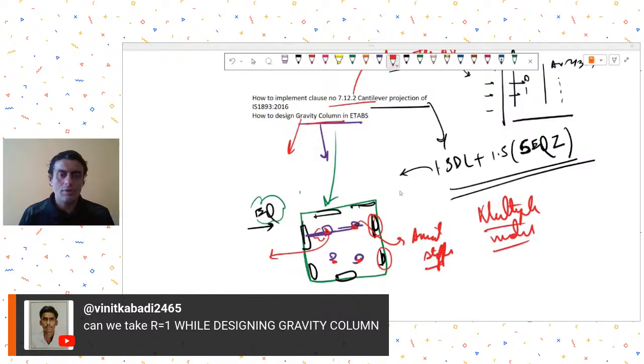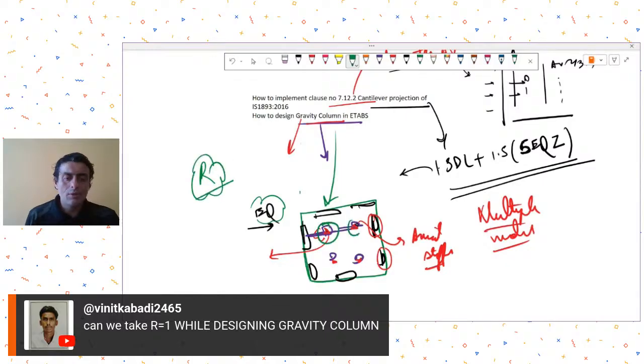Mr. Vineet is asking, can we take R equal to 1 while designing gravity columns? No. While designing the gravity columns, your code says that the deformation compatibility has to be maintained. So you need to make a separate model and you have to magnify your earthquake forces by R times. And over there, you need to design your columns for the moments that get generated due to those effects.